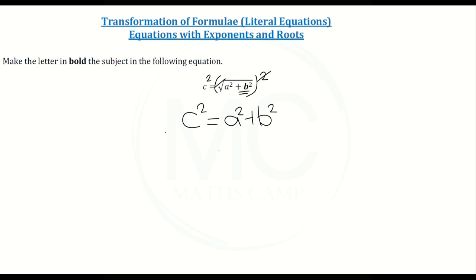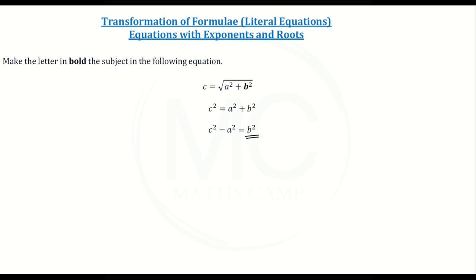b is our bold letter, so to get b by itself, it's positive. So let's move the a squared across, and we have c squared minus a squared is equal to b squared. But we don't want b squared. We want b.